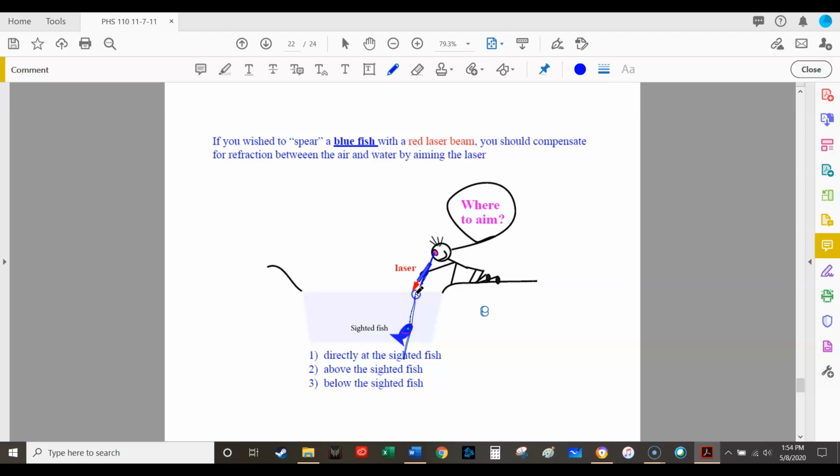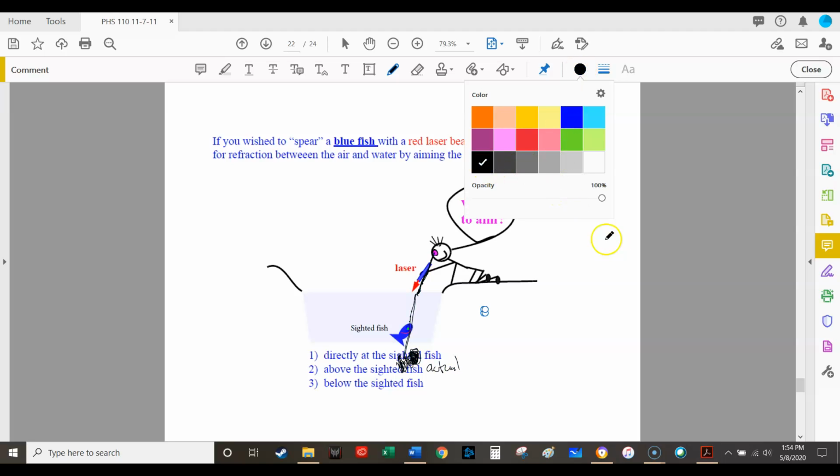The blue light beam is going to be bending below here, and so you're going to see the blue fish somewhere right here. So here's where the actual blue fish is. Okay, so the actual blue fish is below where the sighted fish is, just like the red fish was.